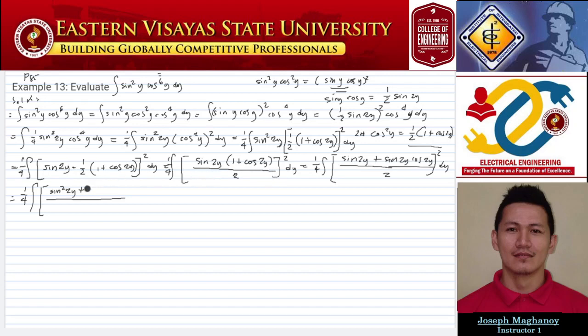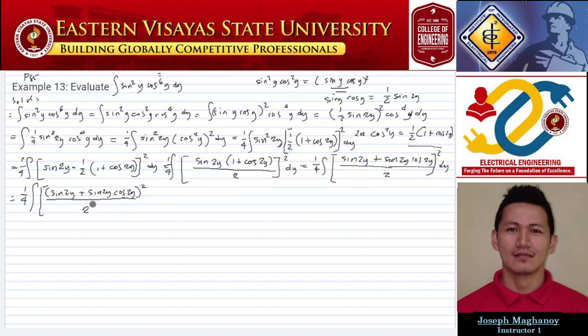Or simply, we can write it a simpler one. We write it quantity sine 2y plus sine 2y cosine 2y quantity squared. Okay, so how about for our 2?